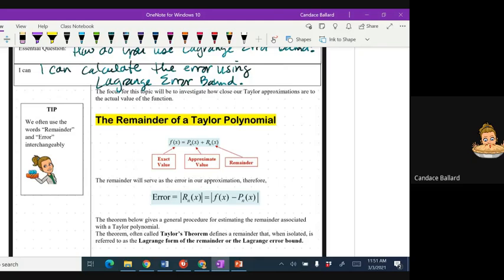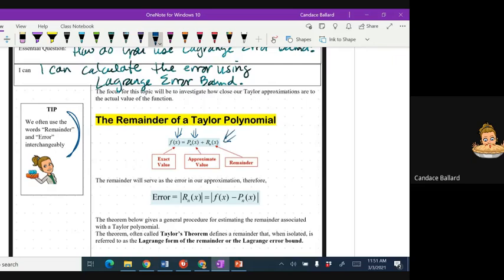There's a lot of different names for the same thing, okay? So we often use the words remainder and error interchangeably. So you'll see the word remainder, you're going to see the word error for this. So the remainder of a Taylor polynomial is basically the exact value we call f, right? Our polynomial is the p, and then the remainder is whatever's left over.